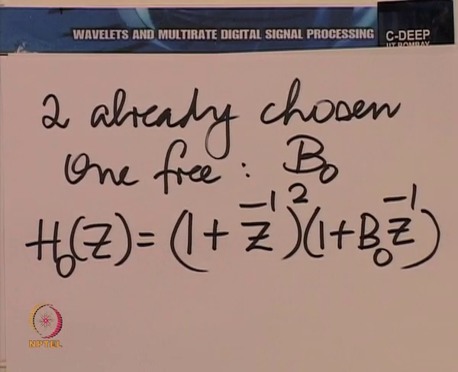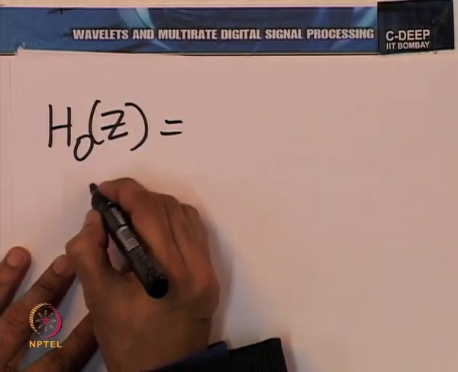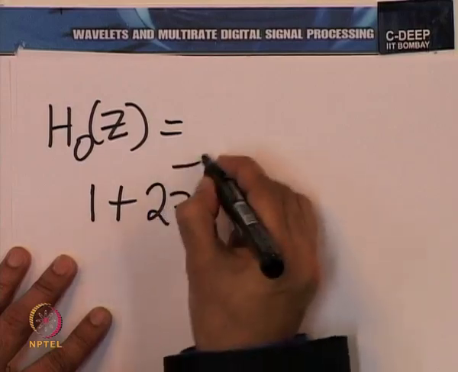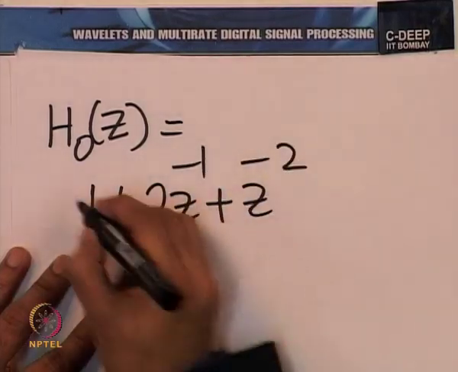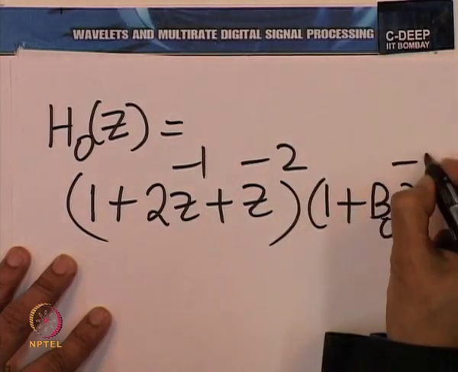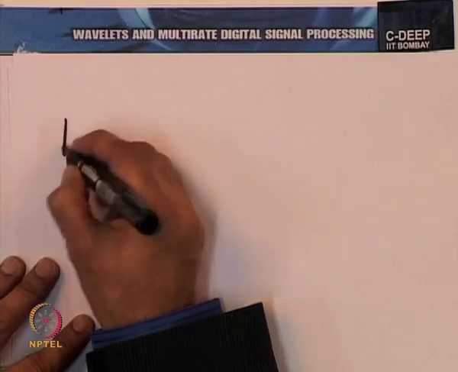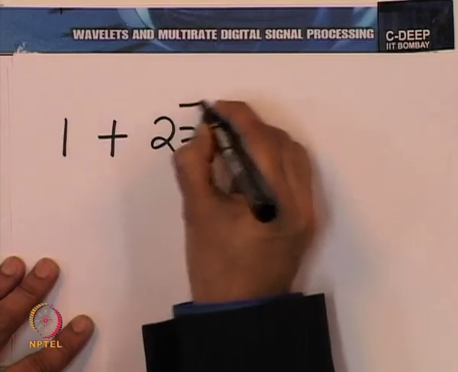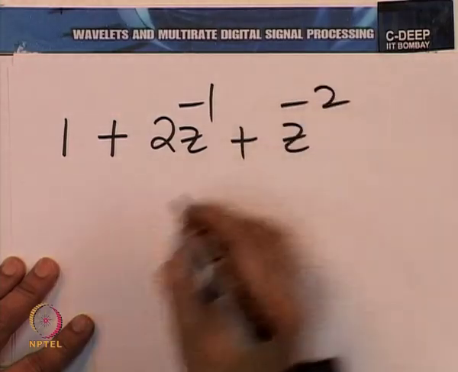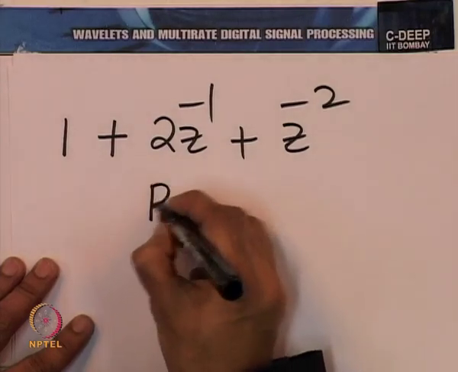What do we have then? Let us expand this. We have h 0 z is essentially 1 plus 2 z inverse plus z raised to the power minus 2 times 1 plus b 0 z inverse. And we can expand this further. That product will be 1 plus 2 z inverse plus z raised to the power minus 2 plus b 0 z inverse times this.